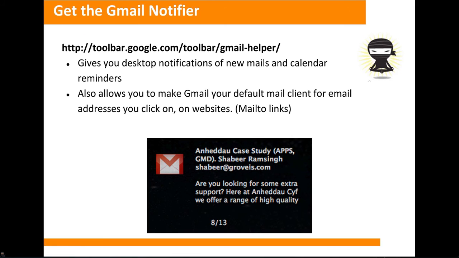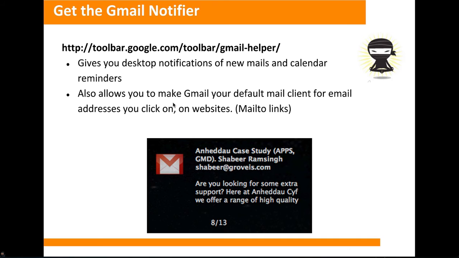You get it for both PC and Mac, and you can find it at this address over here at the top. And that does exactly what it says. If you get an email and your browser isn't open, you'll get a little pop-up on your screen telling you that you've received a new mail, or a little pop-up that tells you that there's an event in your calendar that's about to start. So that's a really great way to keep on top of your mails.